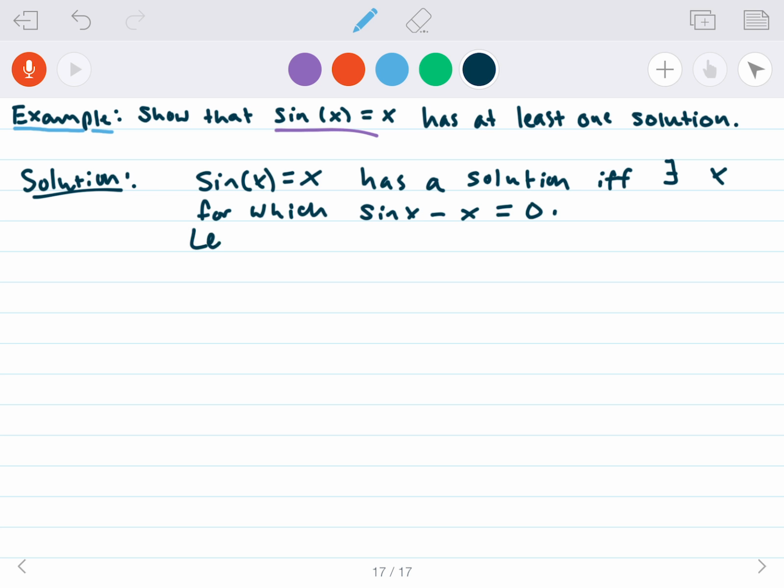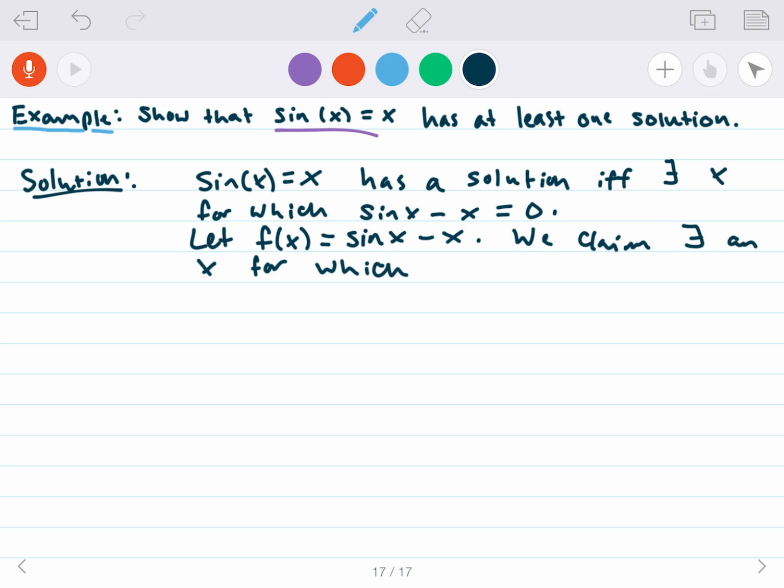So we'll let our function f of x be sine of x minus x, and we claim that there's some x for which f of x is 0. Okay, so that's our claim here. It's just saying the exact same thing as sine x minus x equals 0 has a solution.